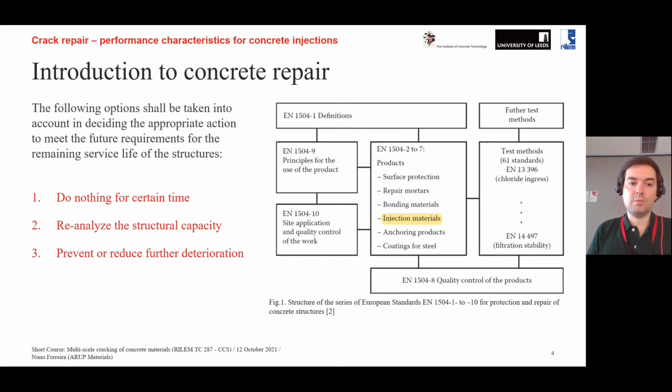If the crack is moving, and we use certain types of crack materials, actually applying that material will result in additional cracks. So it is also important to sometimes do nothing for a certain time, assess the situation, confirm that the crack is not moving, and then really decide on the next steps.